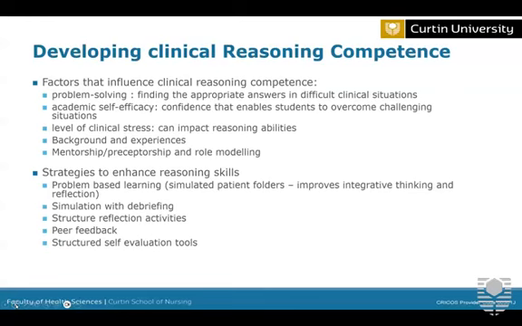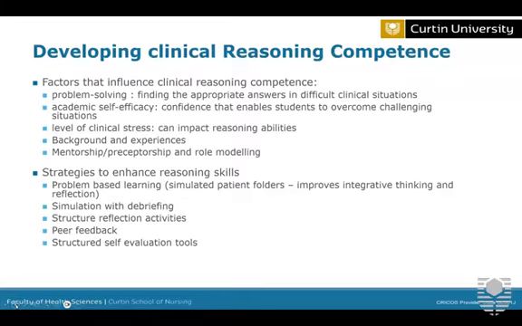So when we're developing clinical reasoning competence, we have to examine those factors that influence clinical reasoning competence, and these are the factors that you will gain mastery in. Whenever we're looking at problem solving, we're always trying to find the right answer in difficult situations.